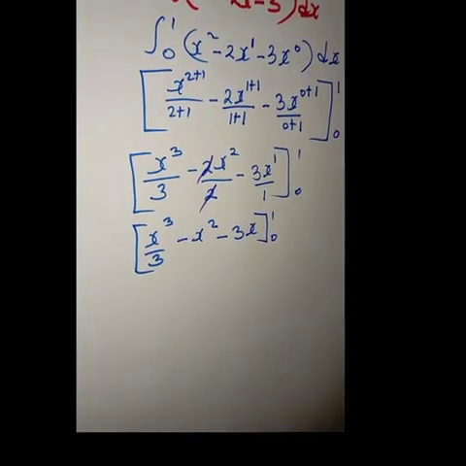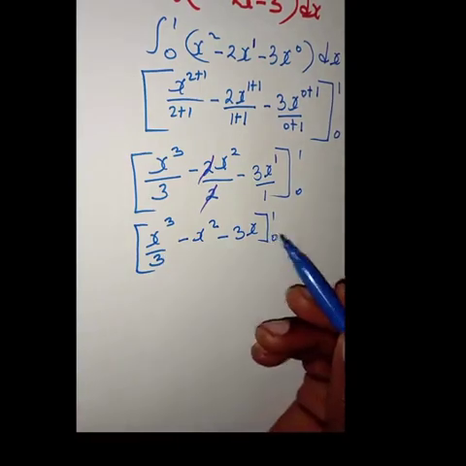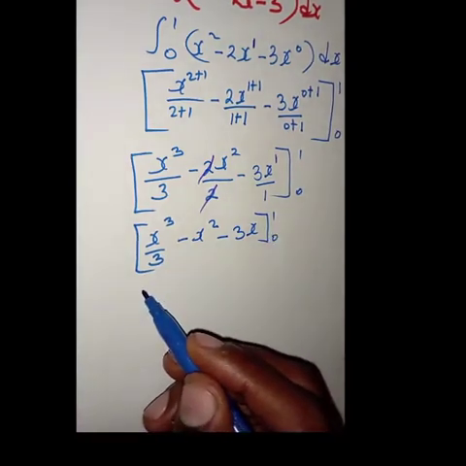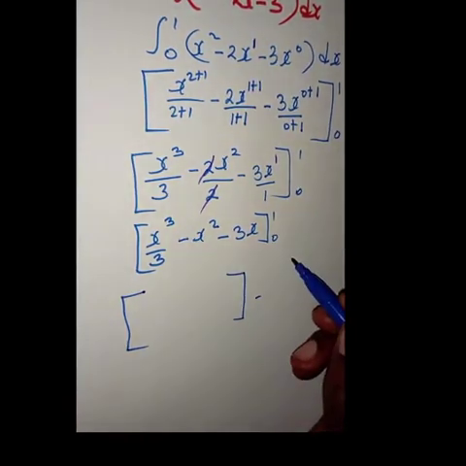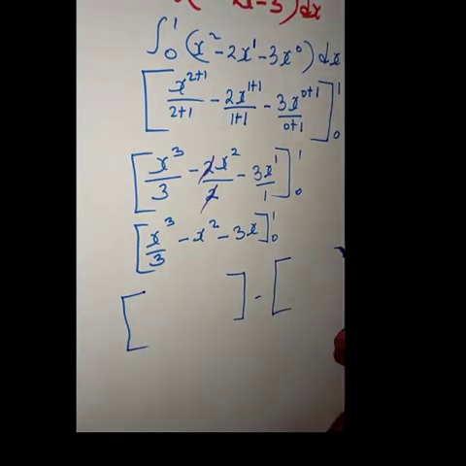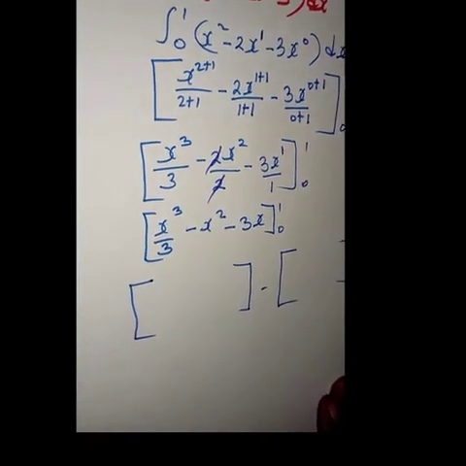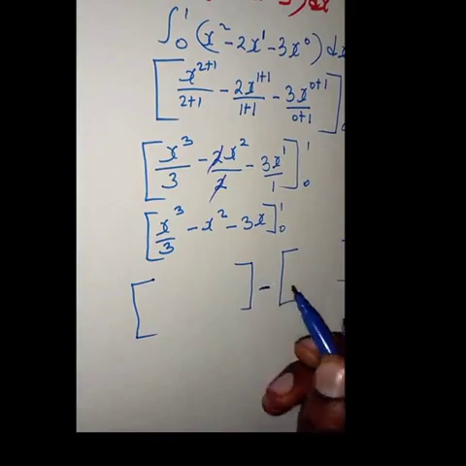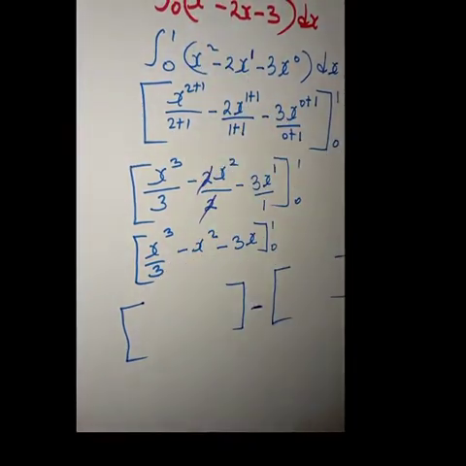So next step, you replace with a 1 where there's x. Also this side we replace with a 0. You minus all the time once you have the definite integral like this.